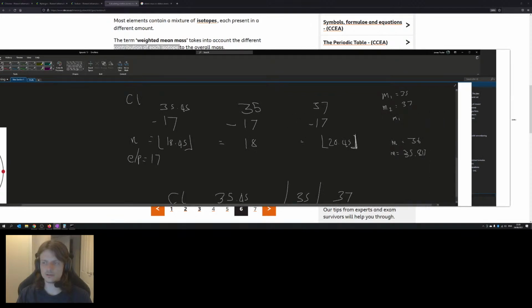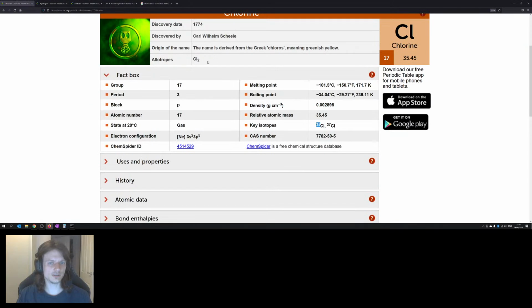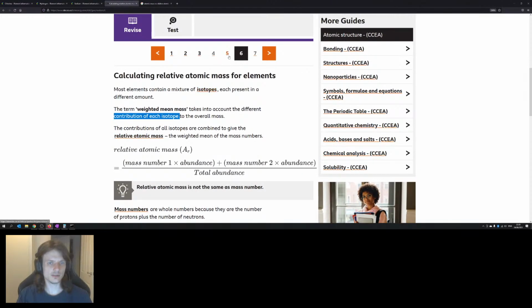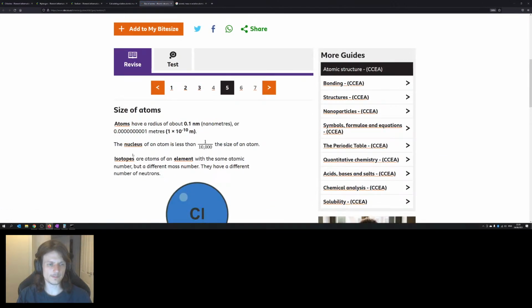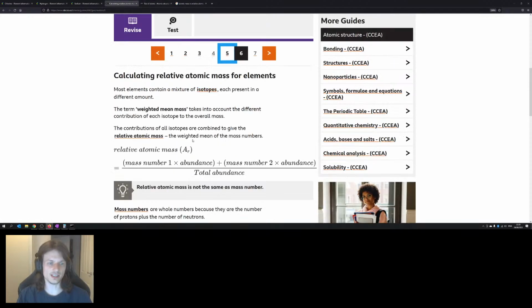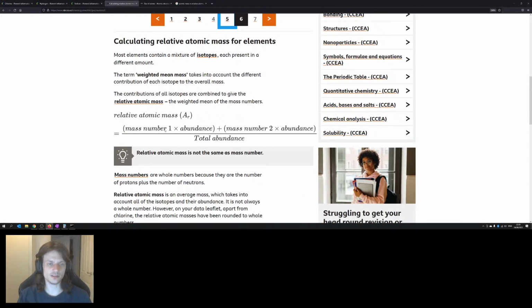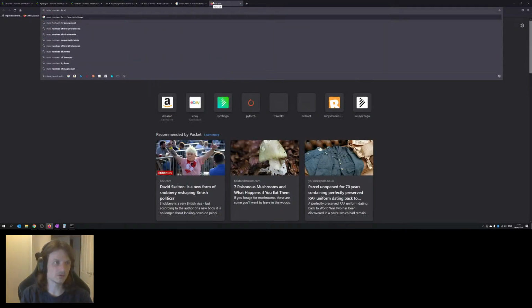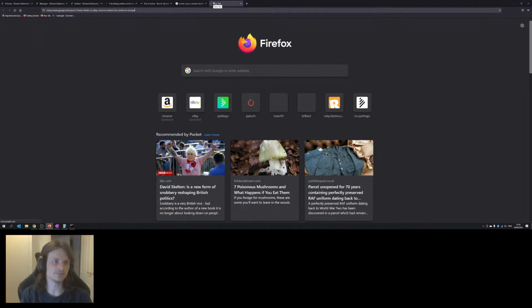Maybe it's always that. Isotopes are atoms of an element with the same atomic number but a different mass number. So if that's the case, then I need to know what the mass numbers are. Mass numbers for chlorine isotopes.